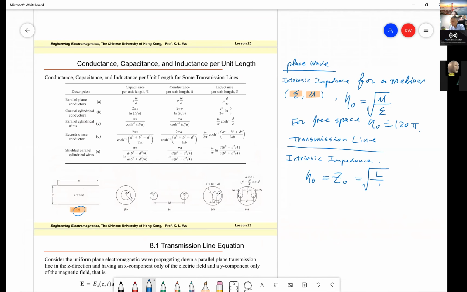That is equal to the square root of L over C. L is inductance per unit length, and C is capacitance per unit length.